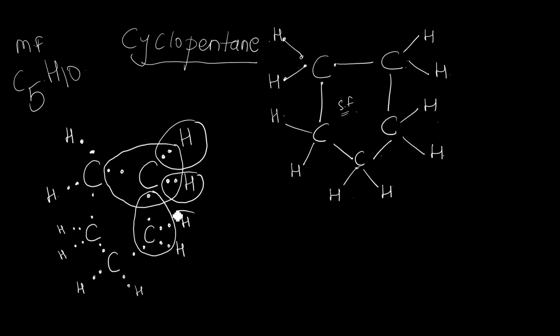Then here you can see how bond is formed. Then make it proper circle, that will look beautiful. Then here the carbon, how it is making the bond with this carbon.